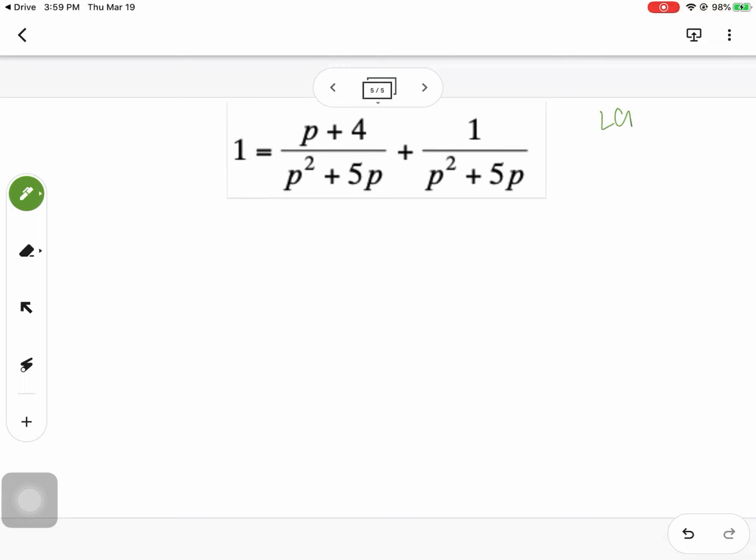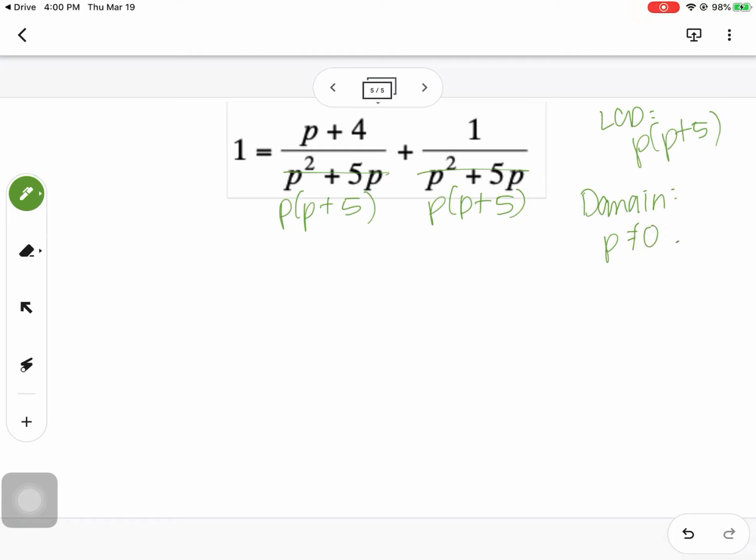Last but not least, again for my LCD, right now I can see that these p squared plus 5p match. I am going to factor them just to make it a little bit easier to see what my LCD is about to be, or what my excluded values are about to be. This tells me, for your domain, p cannot be 0, and p cannot be -5.